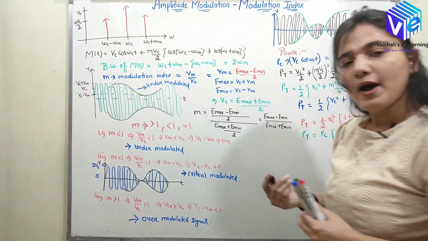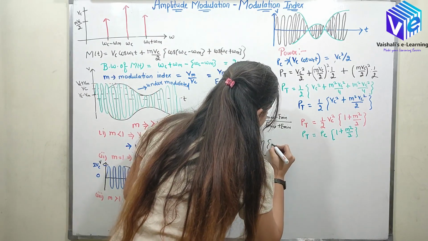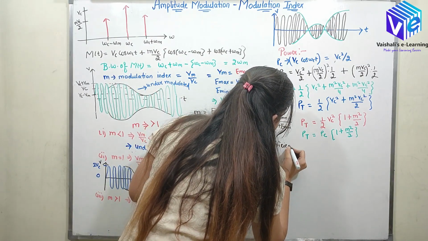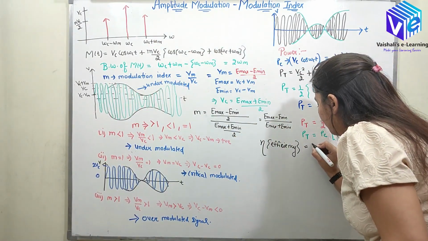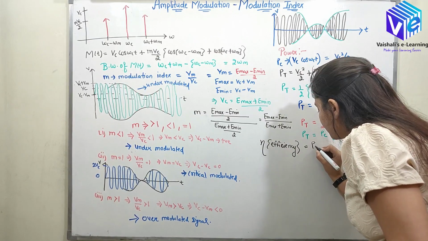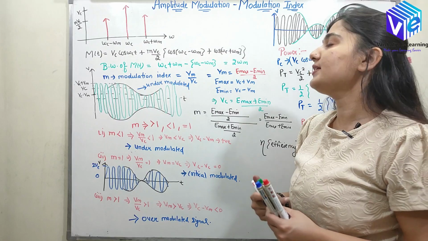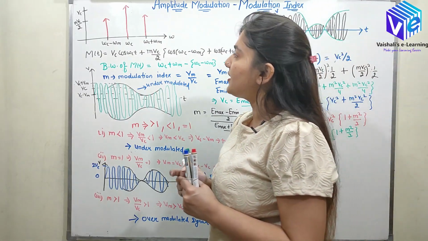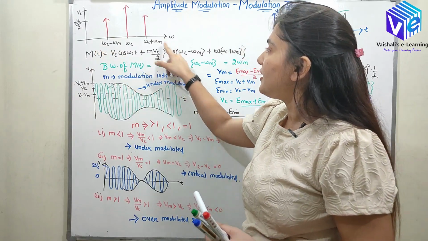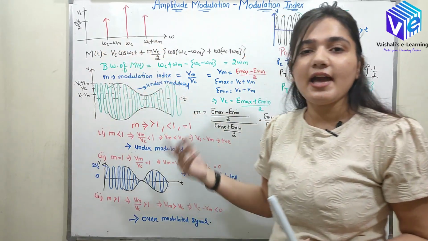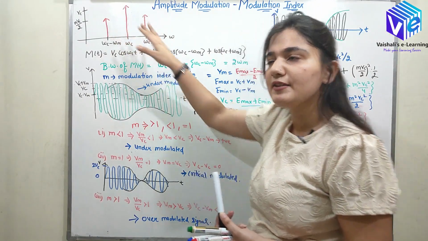So if I talk about the efficiency, efficiency is given by eta. So efficiency is equal to the power transmitted by the upper sideband and lower sideband. I hope you remember that I said the information is in the upper sideband and lower sideband only, because this is the carrier signal and the carrier signal has constant characteristics, so it does not contain any information.